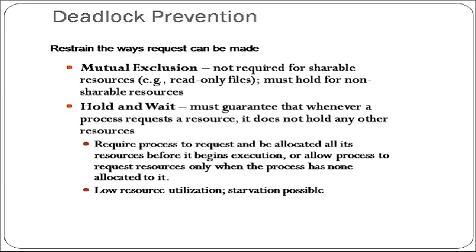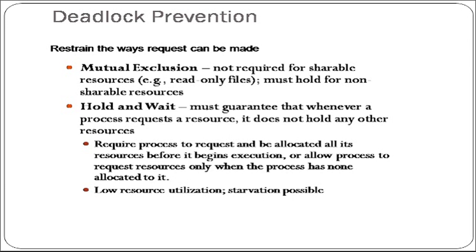An alternative protocol allows a process to request resources only when the process has none. A process may request some resources and use them before it can request any additional resources. However, it must release all the resources that it is currently allocated.